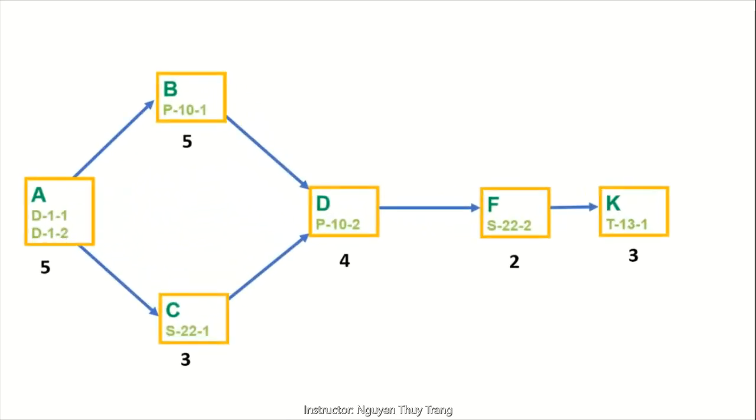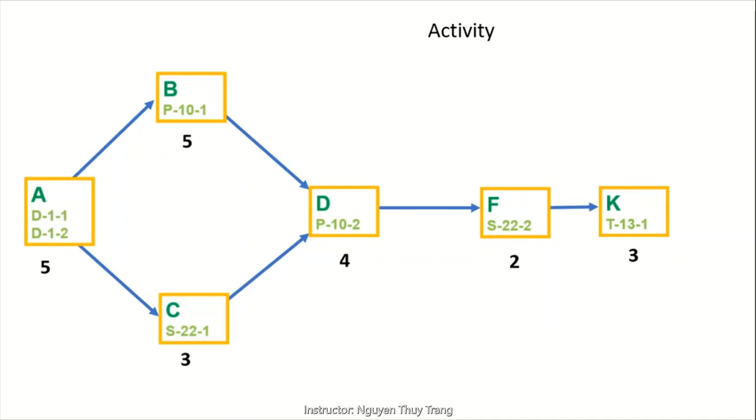Now, when it comes to terms, I'm going to use the network of the circuit board to illustrate them. An activity is an element of the project that requires time. It may or may not require resources. For example, when people work, it consumes resources, at least human resource.